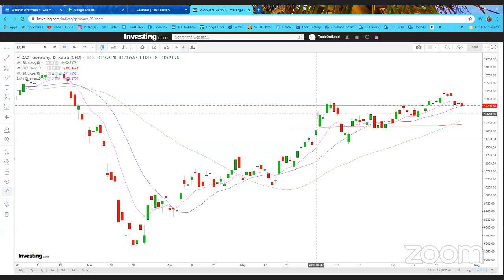Okay. So when you learn how to trade, you can basically trade any chart on the planet, whether it is coffee or Apple or Bitcoin or the DAX. It really doesn't matter. The fundamentals are there, and if you have the technicals, definitely it's no different. What I'm seeing in the DAX right now is a pullback.